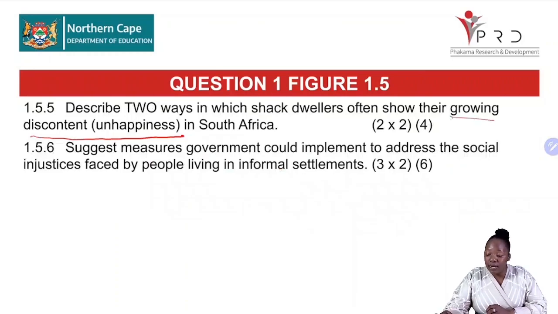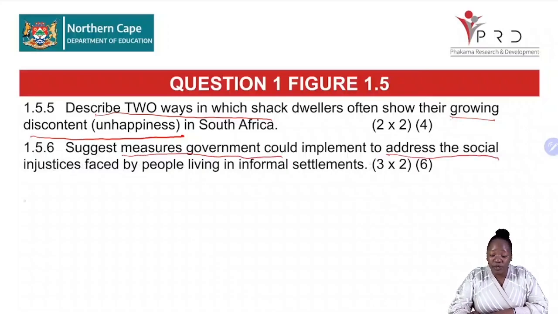So what are the 2 ways they have used to show their unhappiness? 2 times 2. Then your question 1.5.6, it's a 3 times 2. You suggest measures that the government could implement to address the social injustices that are faced by the people who are living in the informal settlement.